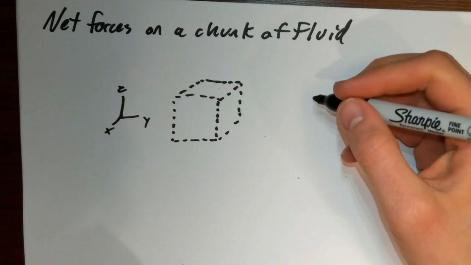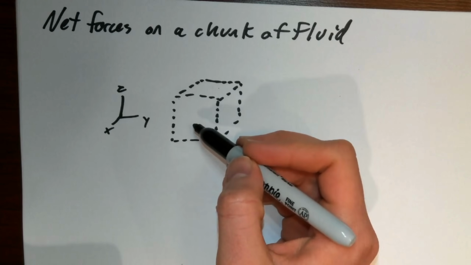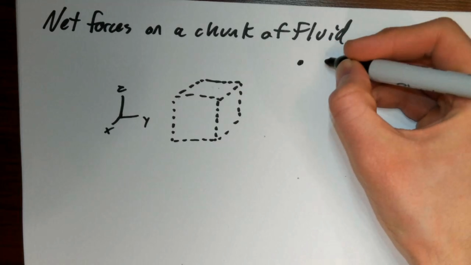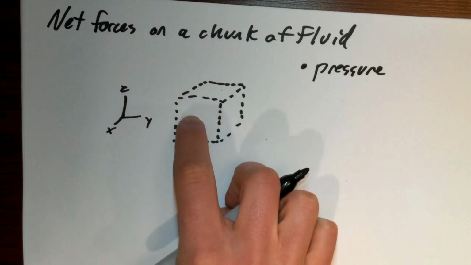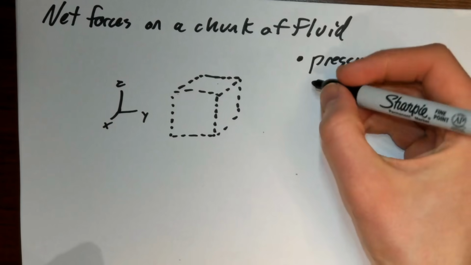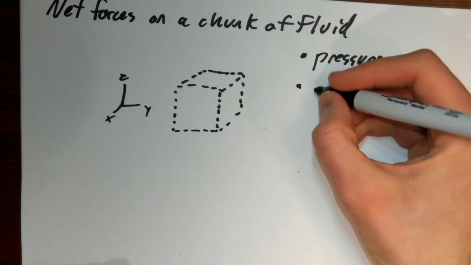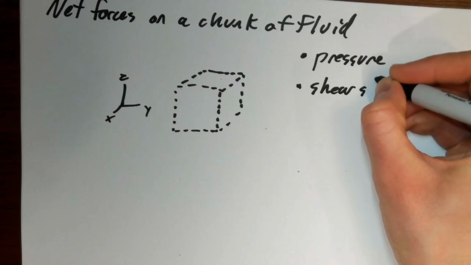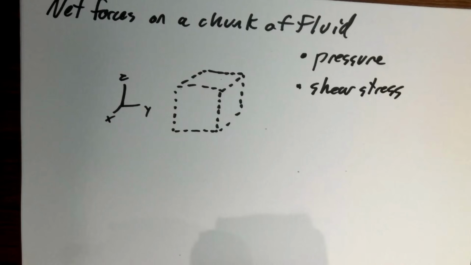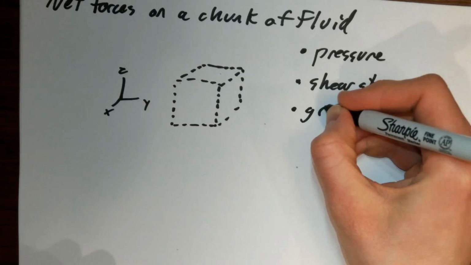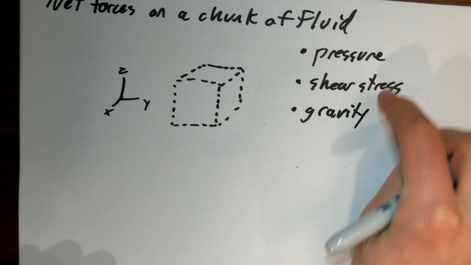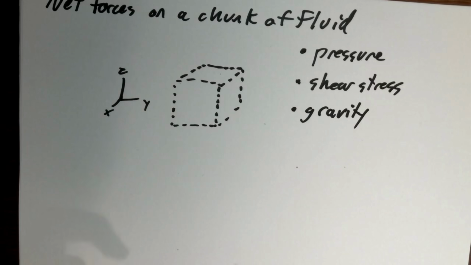Well, let's work some of them out. If I think about chunks of fluid, we already said pressure could be acting on some chunk of fluid. We talked about shear stress. That could be acting on a chunk of fluid. And also gravity can act on chunks of fluid as well. So pressure, shear stress, and gravity can act on chunks of fluid.